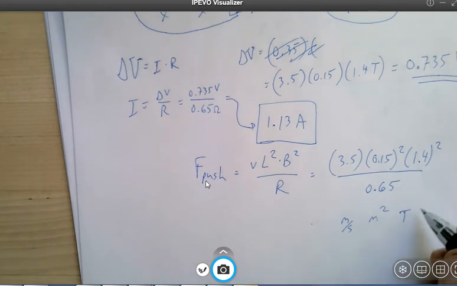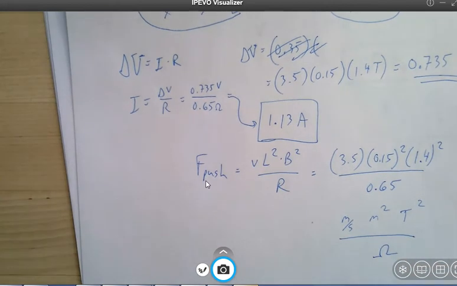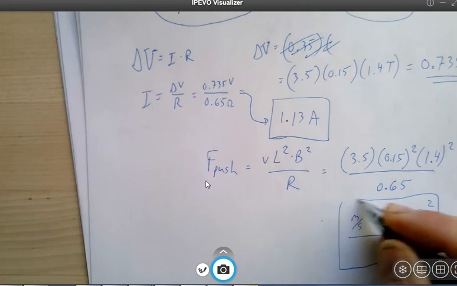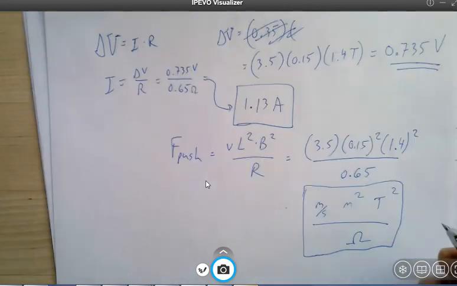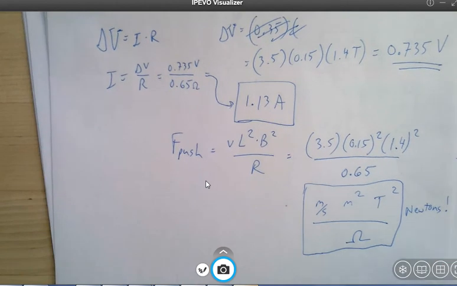The magnetic field is in tesla, and that's squared. And then the resistance is in ohms. I give up, I have no idea. It doesn't make any sense: meters cubed, tesla squared divided by seconds times ohms? I don't know. What I'm trying to tell you is that when we use all SI units, this is really going to be newtons. So it's greatly simplifying our situation here.